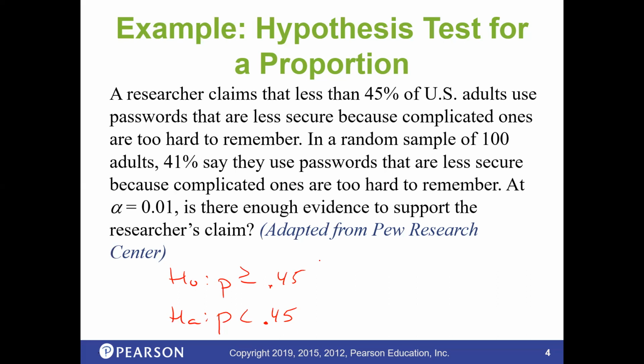Let me say top is the claim by the researcher. How about bottom is the claim by the researcher? So this one has to be the claim. Okay, we're good there. All right, read off the value itself. The claim is that less than 45%.